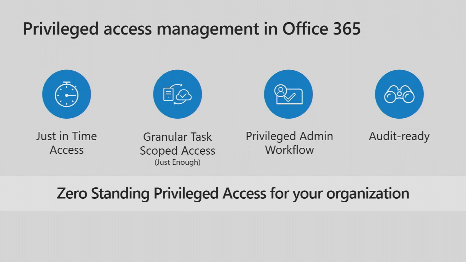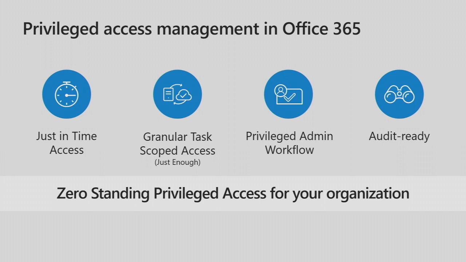So if you wanted to restore someone's mailbox because someone has an error in their mailbox, you don't really need a global admin permission or an Exchange admin permission. If you had access to just one single command, restore mailbox, you should be able to perform your job. So PAM in Office 365 actually allows you to scope the access down to one single task.